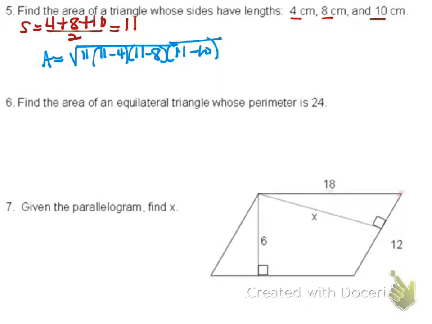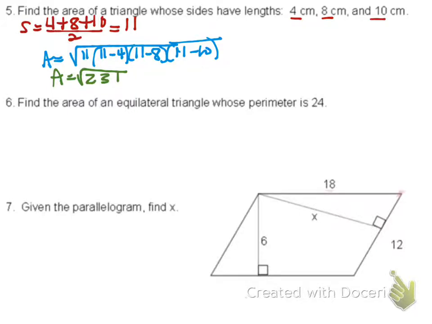That part, I probably wouldn't write all that out. I'd probably do those pieces in my head, but for this, I'm just going to write it all out. If you multiply all that together, you get 231. There aren't any perfect squares in 231 that I know of, so that's it on that one.